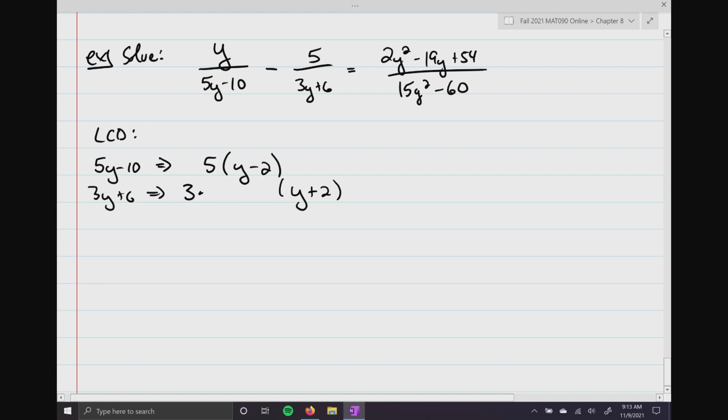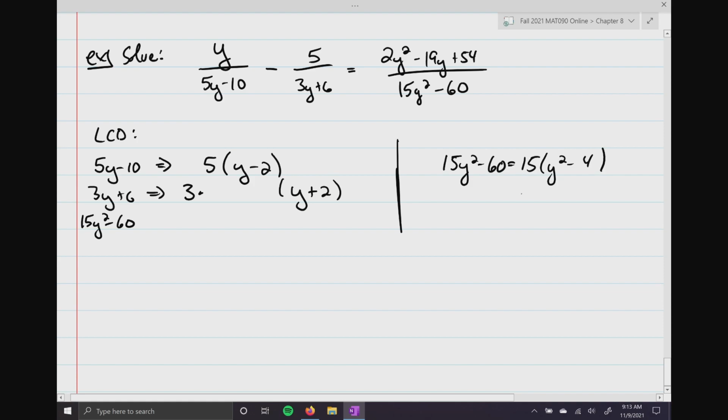Now, the 15y to the second minus 60, I'm just going to do this over here on the right-hand side. I definitely have a GCF. So 15y to the second minus 60, I know I can factor out a 15, so that's going to give me y squared minus 4.